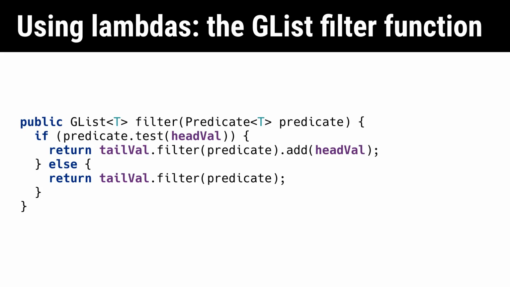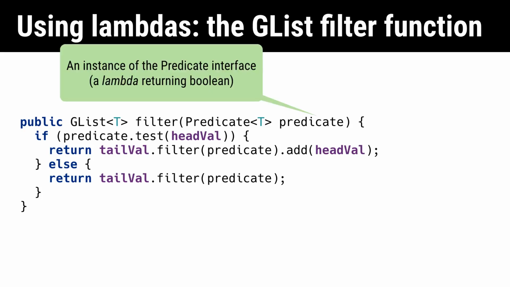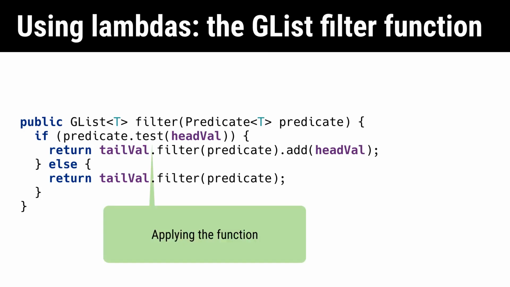So how does filter work? Here it is. So filter takes as an argument a predicate, which is just a function that returns true or false. And if the predicate tests true on the head of the list, then, okay, so predicate is a lambda returning a boolean. More on that in a second. We're going to apply that lambda. So predicate.test, and if you're not sure what predicate.whatever, IntelliJ will auto-complete it for you.